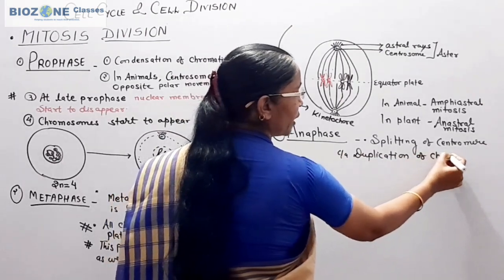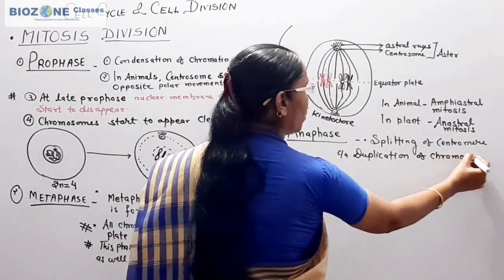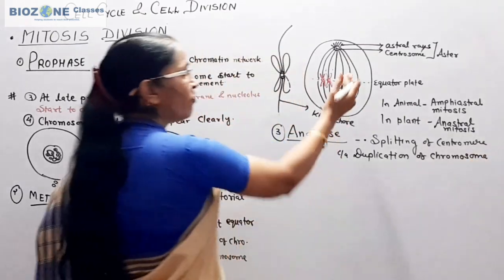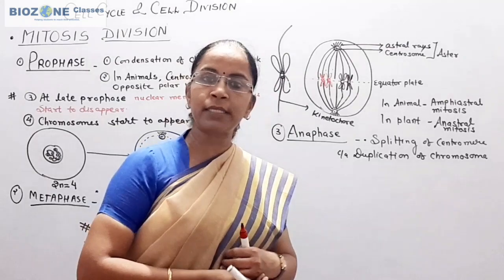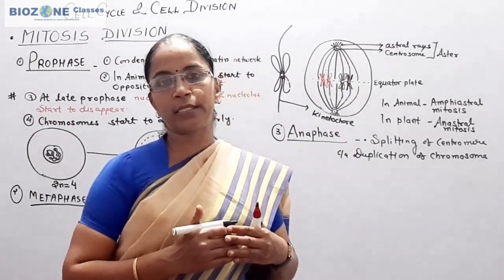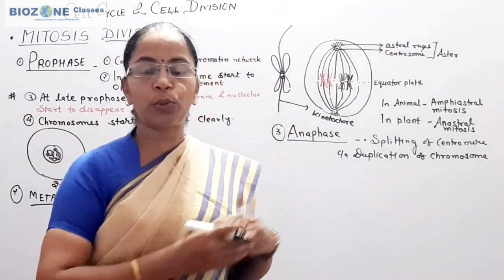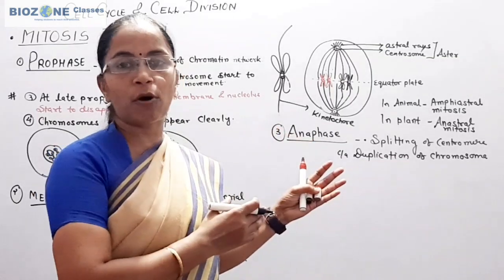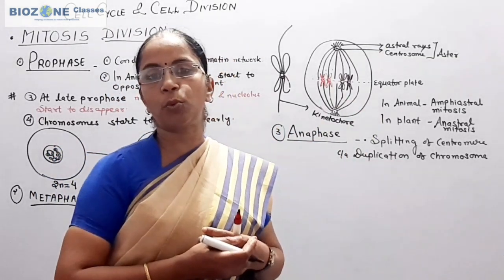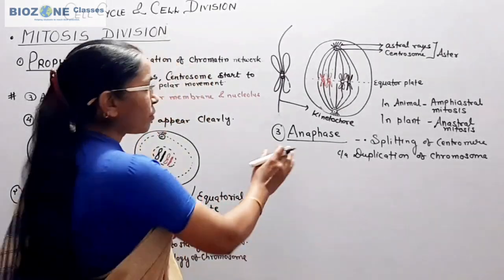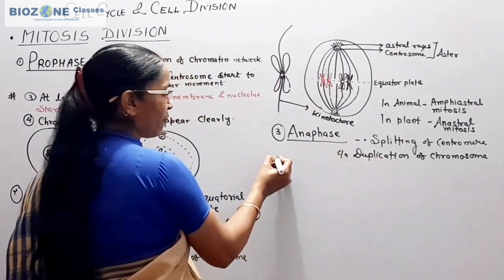So this is called duplication of chromosome, and because of that the 4 chromosomes get converted into 8 chromatids, and now these 8 chromatids behave as chromosomes due to their content of DNA, and the 4 chromatids now start to move towards the opposite pole. So first you remember this for anaphase.